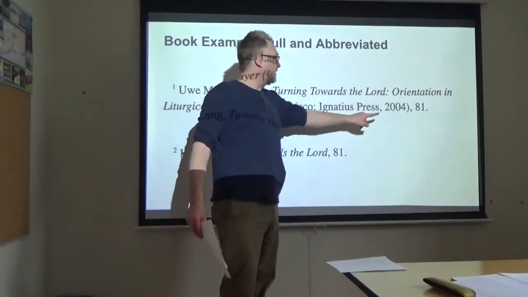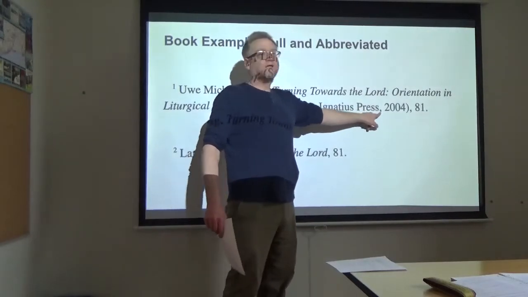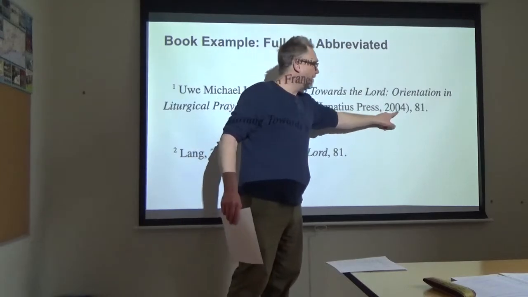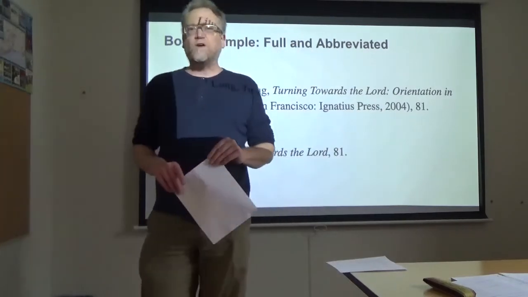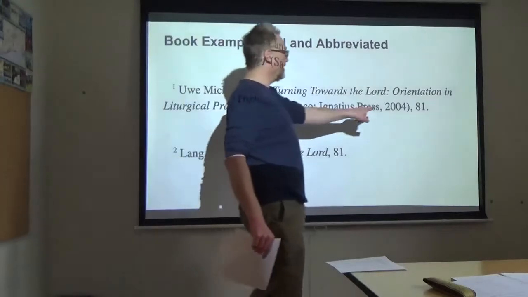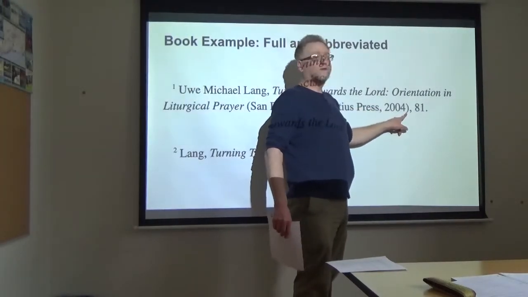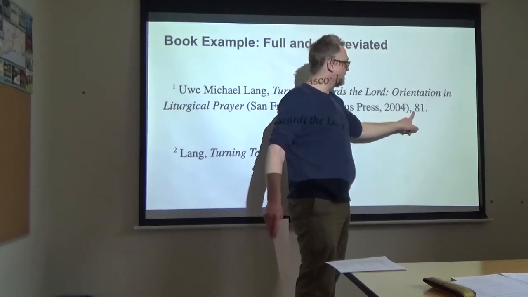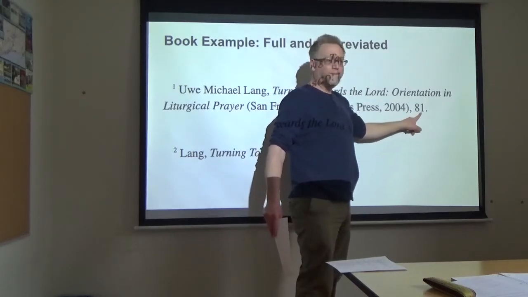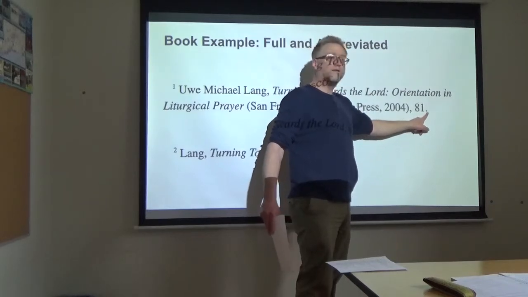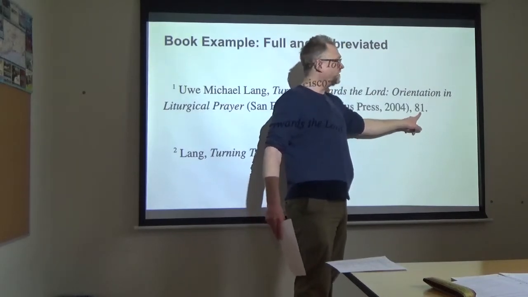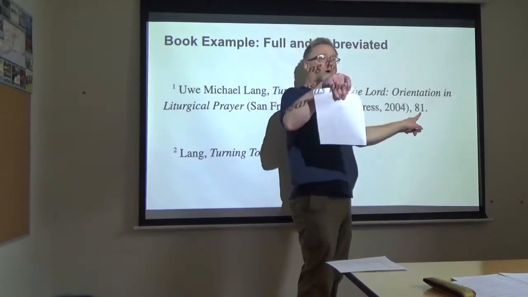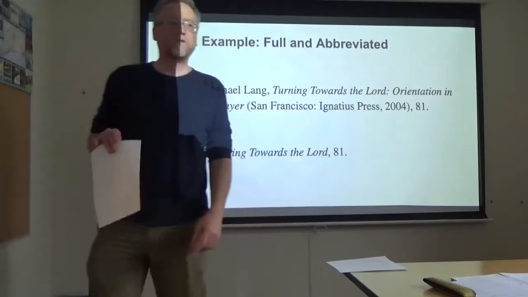After the company, what do you have? Comma. Then space. Then the year of publication. Then close parentheses. Then what? The page number. And this is the page where you got the information. That's the page in the book where you found your information.